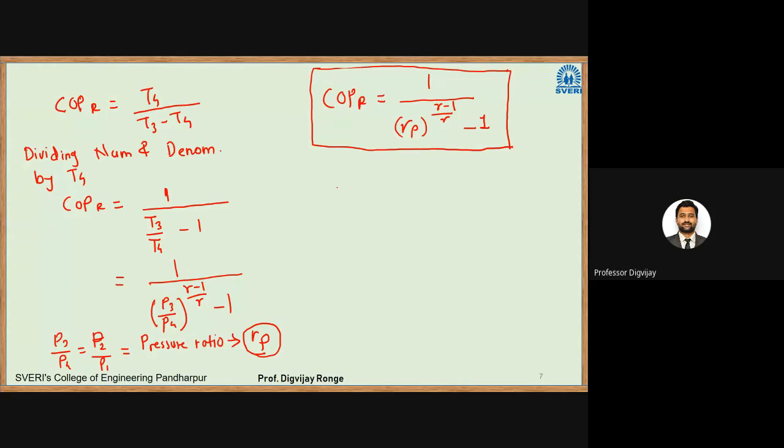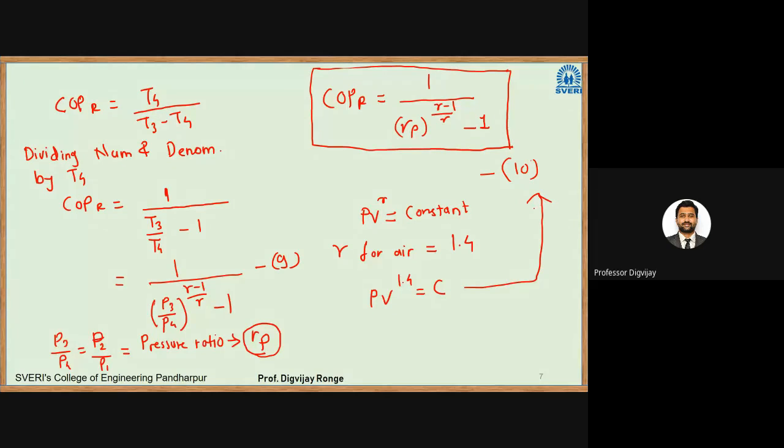I'll just give the numbers here. So this I can write as 9, and this I can write as 10. So in a problem, if they have given PV raised to gamma equal to constant, and the gamma for air is the standard value, 1.4, so when they have given PV raised to 1.4 equal to C, then and only then you can use this formula.